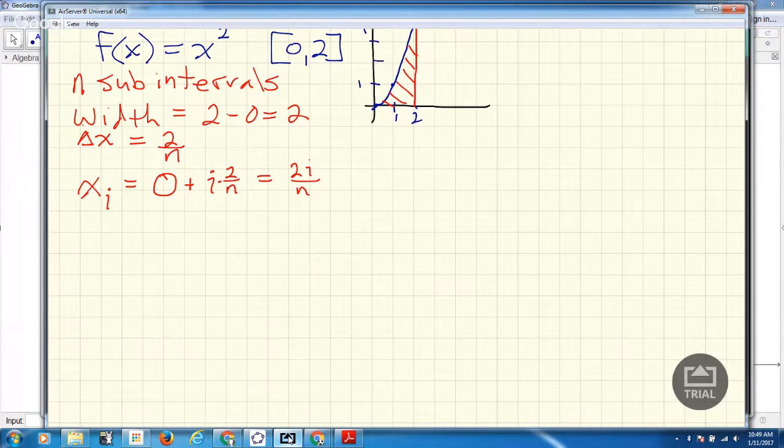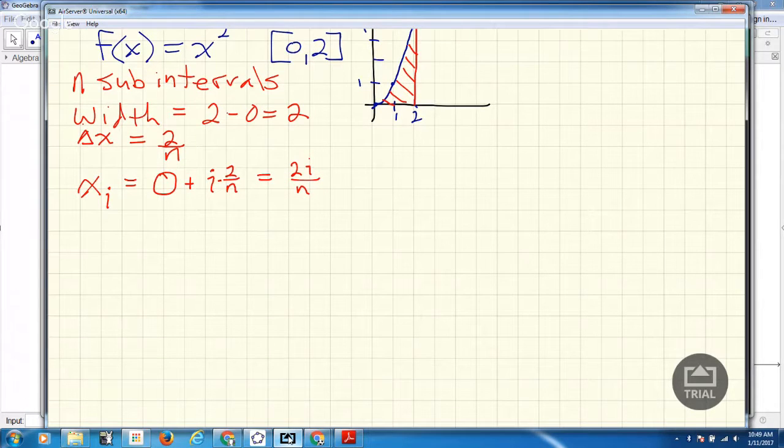So if I were to expand this right here from 0 to 2, then I'm going to jump over for the first one. That will be 2 over n. Oops, this was n. And then the next one will be 2 of those, so that would be 4 over n.